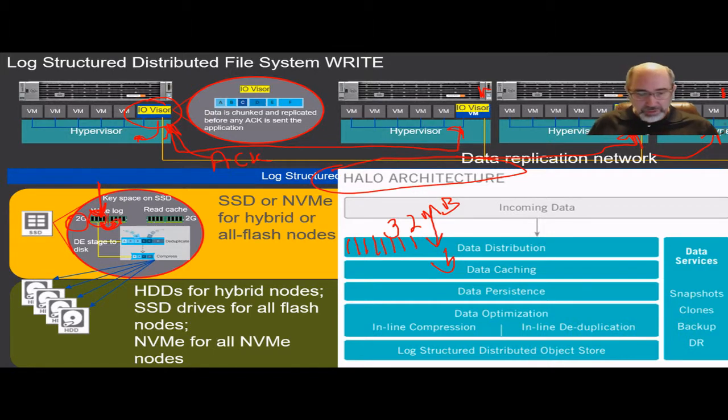When that happens, that's when it's destaged to the capacity layer. Before it is actually destaged, it is deduplicated and compressed, and then it is destaged to the capacity layer. Okay, so at that point, we're in the data persistent capacity layer.